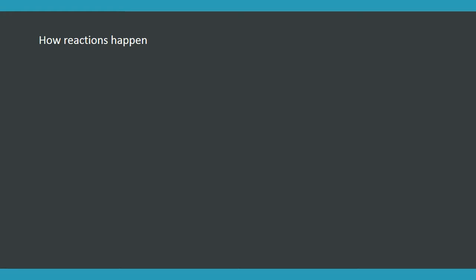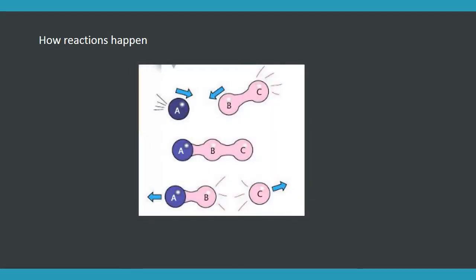How do reactions happen then? And there's a nice little diagram. The first thing that has to happen is our particles are going to collide. All right? And if you look here, A and B are colliding, right? And when they collide, it creates an instantaneous interaction.